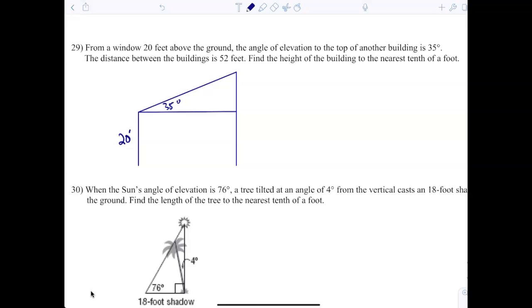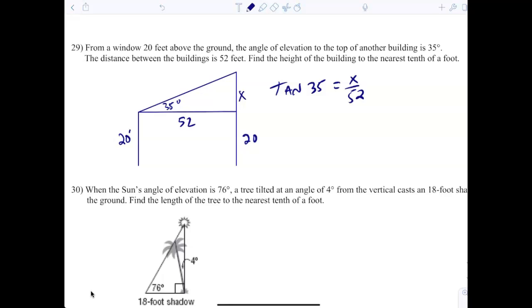Now, this still is 20 over here, right? The distance between the buildings is 52. Does everybody agree with that? And so this is x, right? So now again, tangent of 35 is equal to x over 52. And then what do you have to do to the 20? Add it in. That's the answer.